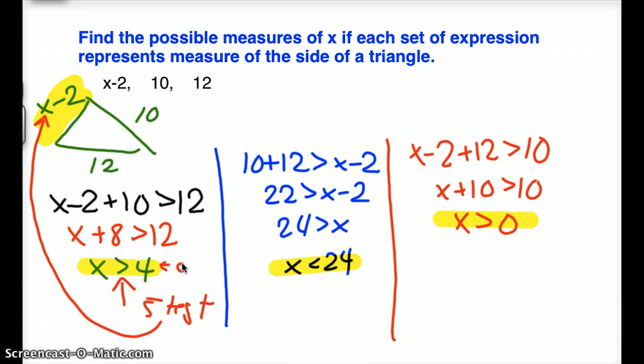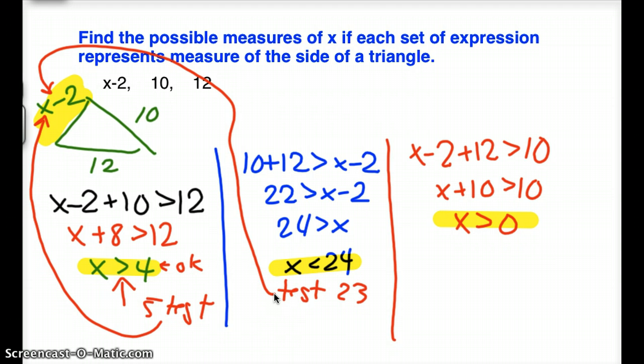This is okay. Now I'm going to move over to 24. I need numbers smaller than 24, so I'll use 23. If I put 23 in there, am I going to get a whole number side, not a negative number? That works. 23 minus 2 is 21, so this one is okay too.